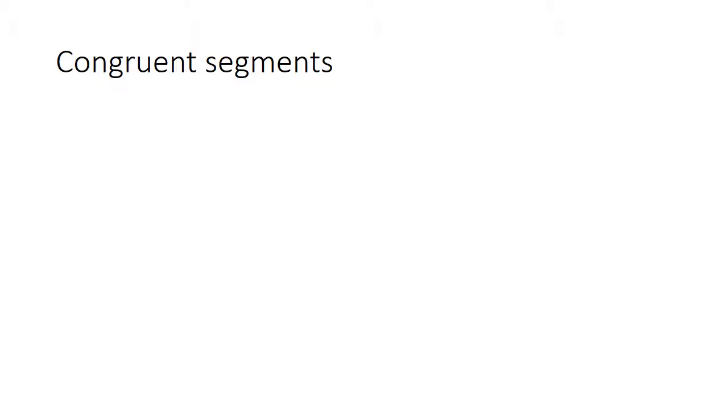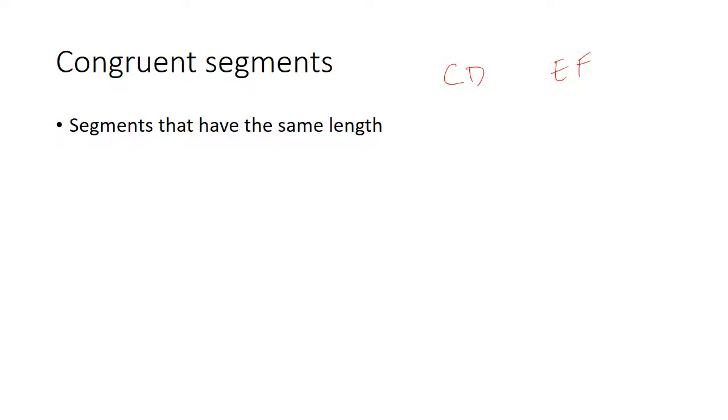Congruent segments, we do lots of things with congruency in geometry. So any 2 segments that have the same length, we would say they are congruent. Now in this case, remember if we're talking about finding the numbers, we don't put the little line over it. So if we had 2 segments whose measurements were equal, let's say CD and EF, and they were each equal to 3, we would say CD is equal to EF and they are congruent.